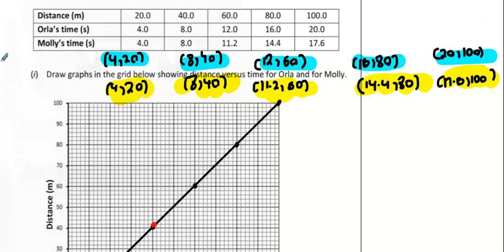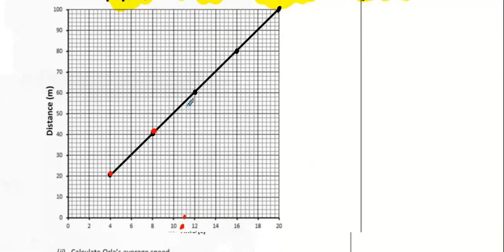So 11.2 and 60, it wants me at the 60 mark, just around here, as best you can. Because 11.5 is halfway between 11 and 12, so just go a bit less than halfway. Right, so around here. Okay.